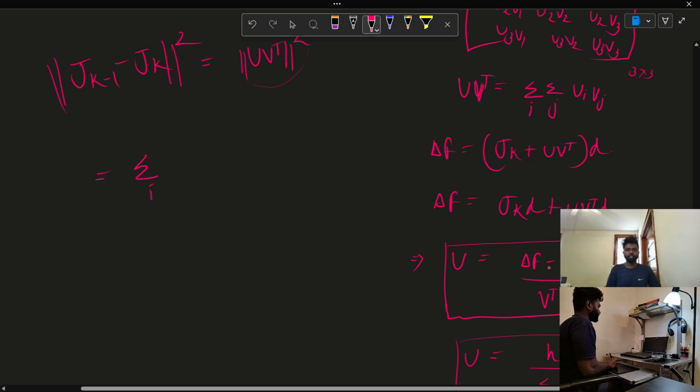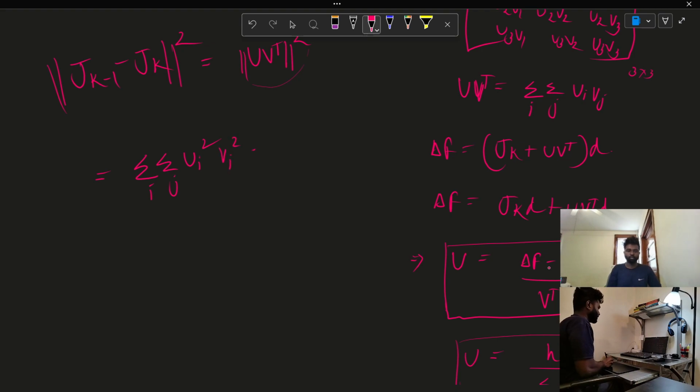Summation over i, summation over j, u_i squared, because we are taking the square, j squared. Now if you put the values, it becomes summation over i, summation over j of u_i squared.